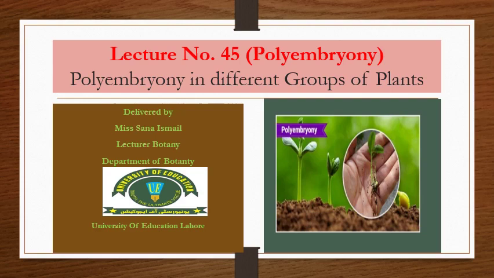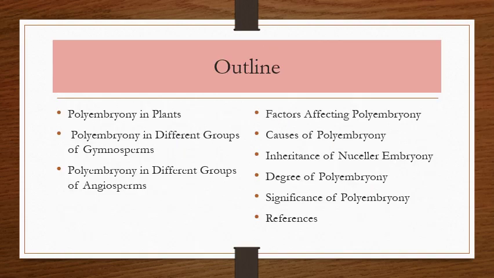Let's begin our lecture by discussing the outline of today's lecture. So here is the lecture outline. In this lecture, first of all, we discuss polyembryony in different groups of plants, such as in the gymnosperms, and also discuss the polyembryonic process in the angiosperms.